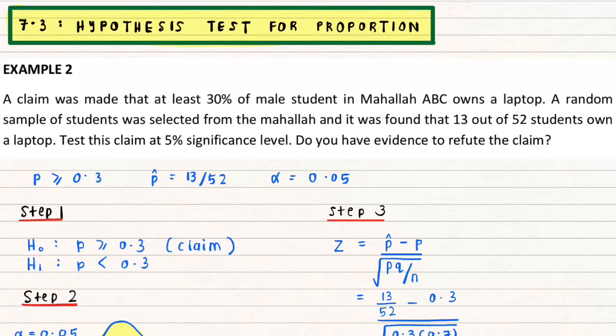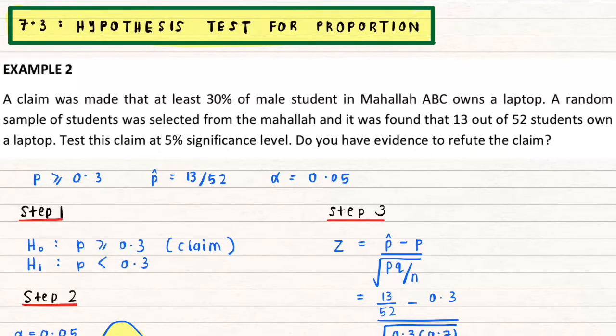In that subtopic, you are given the value of the average or mean. But for this subtopic, you are given the value of the percentage or probability, so this refers to the proportion.